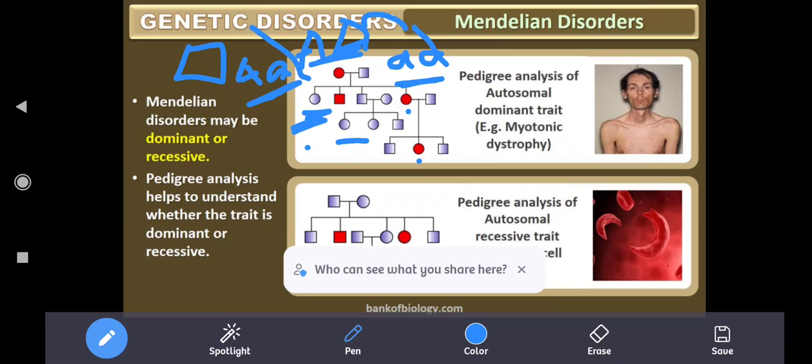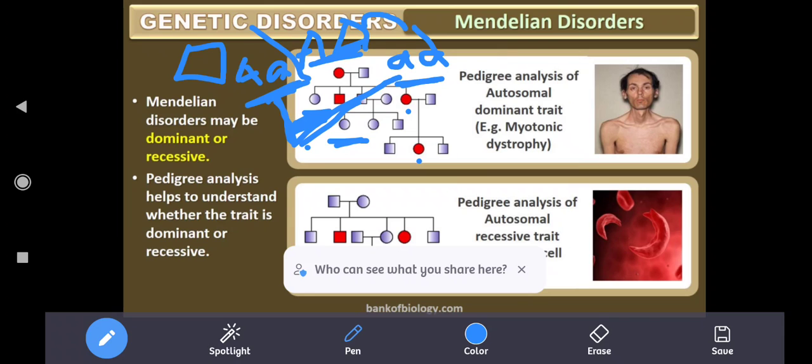Since the mother has capital A small a, the gray color ones, male or female, received small a from the female and small a from the male. Since both are recessive traits, they are normal.